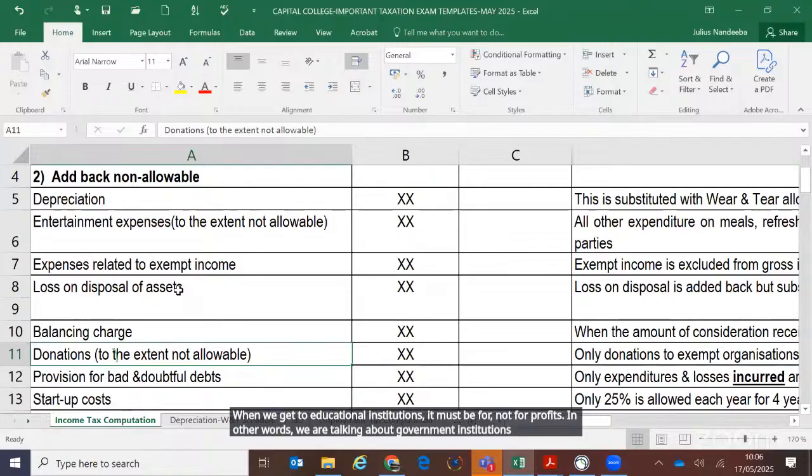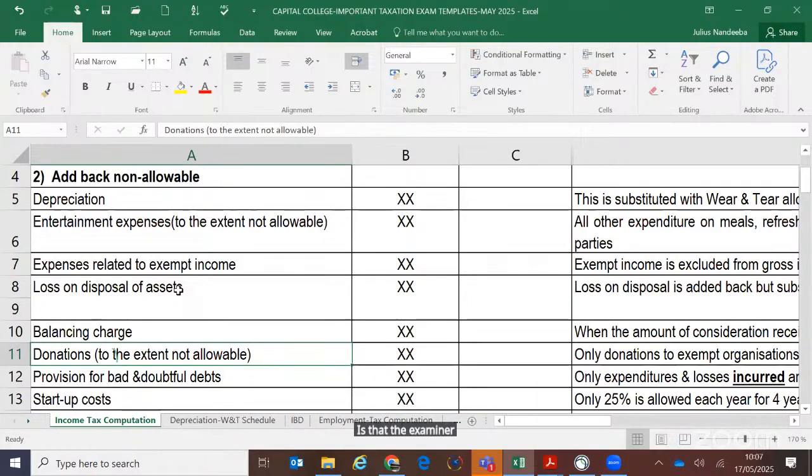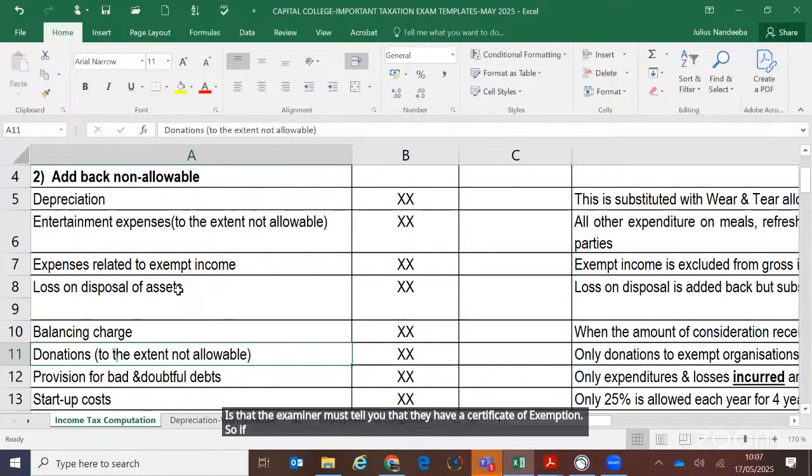And the catch point here, for you to remember, is that for all those institutions we've talked about, the examiner must tell you that they have a certificate of exemption. So if you forget the entities, at least look for the certificate of exemption. If they have told you that this entity has a certificate of exemption, it should remind you that it qualifies.